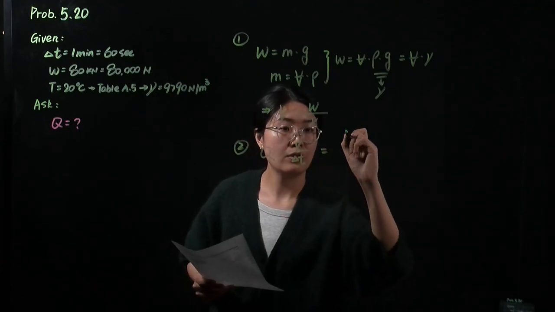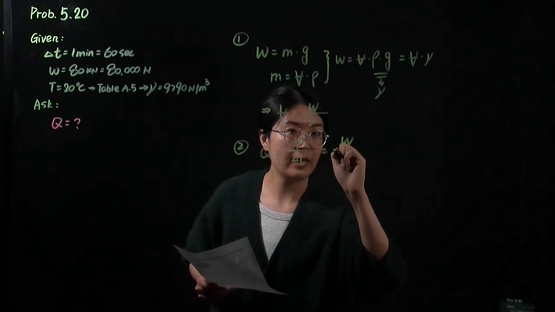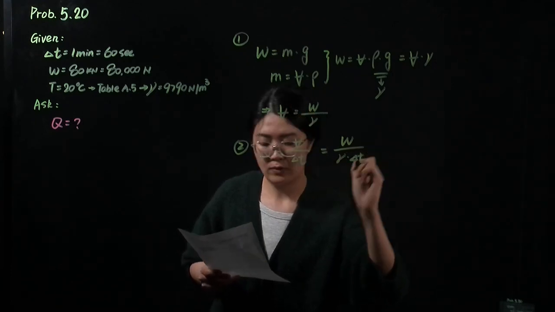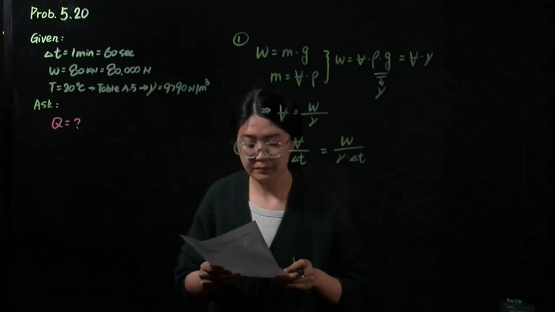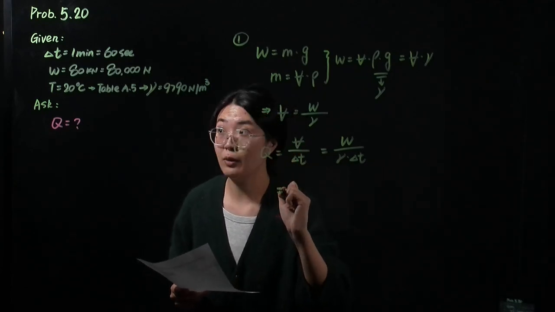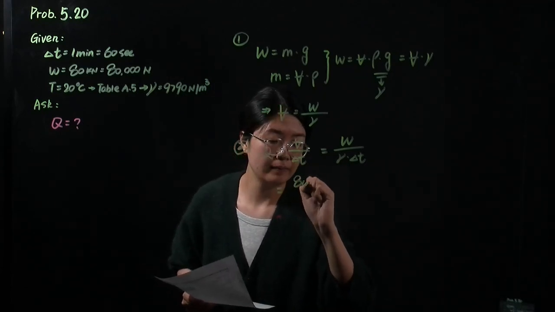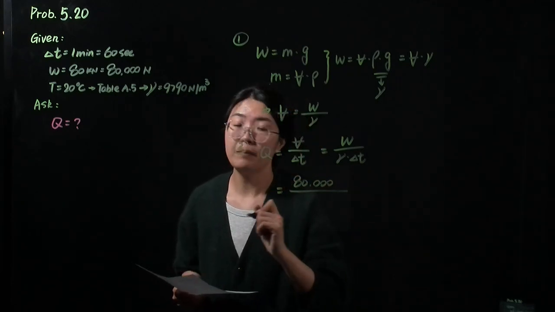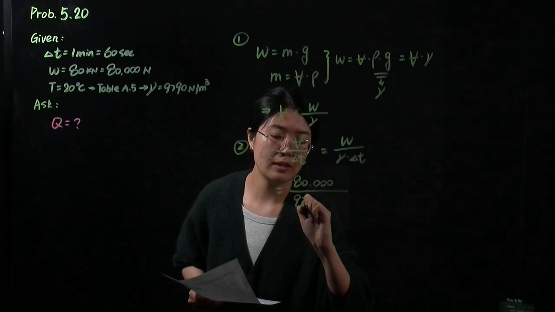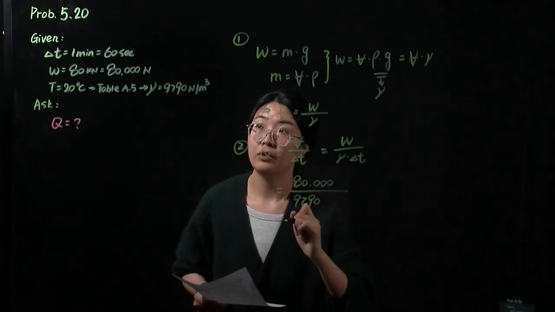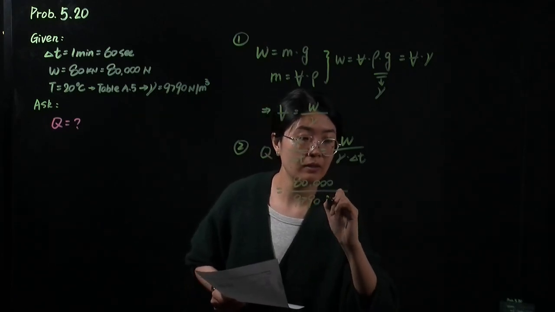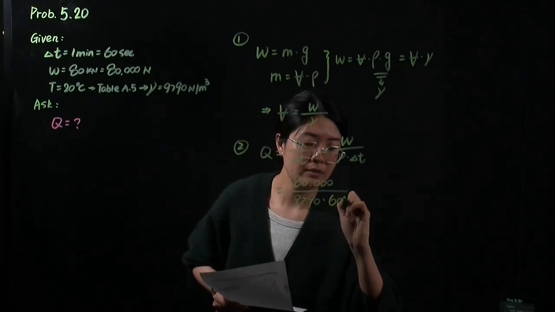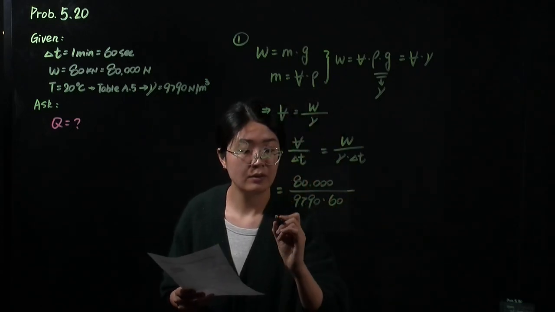It should equal the weight over gamma times delta T. And we know the weight is 80,000 newtons, gamma is 9,790 newtons per cubic meter, and delta T is 60 seconds.